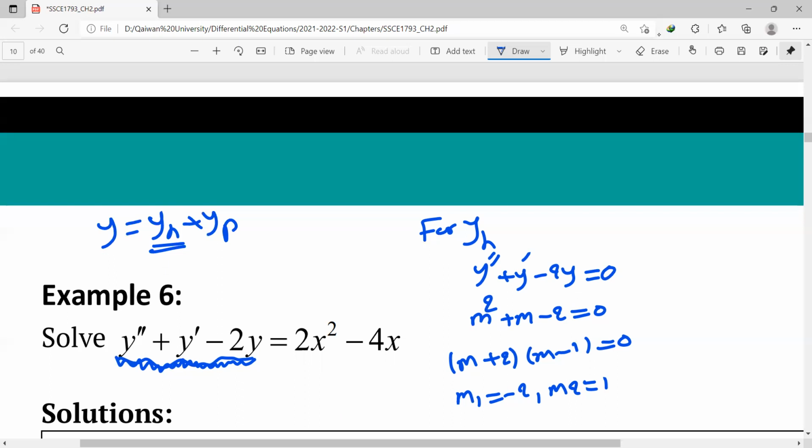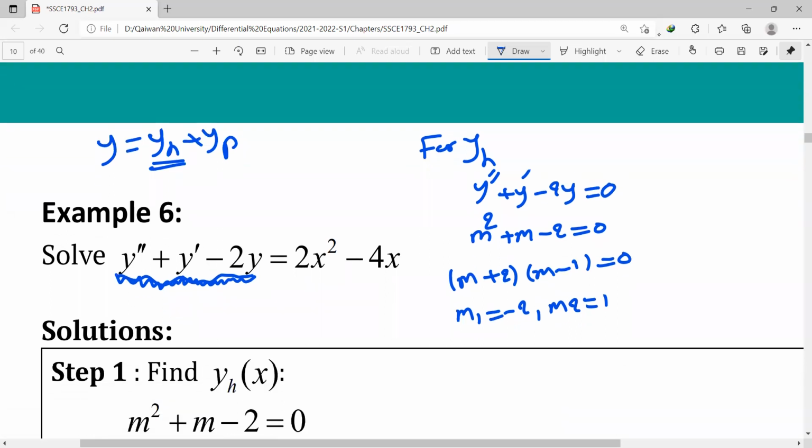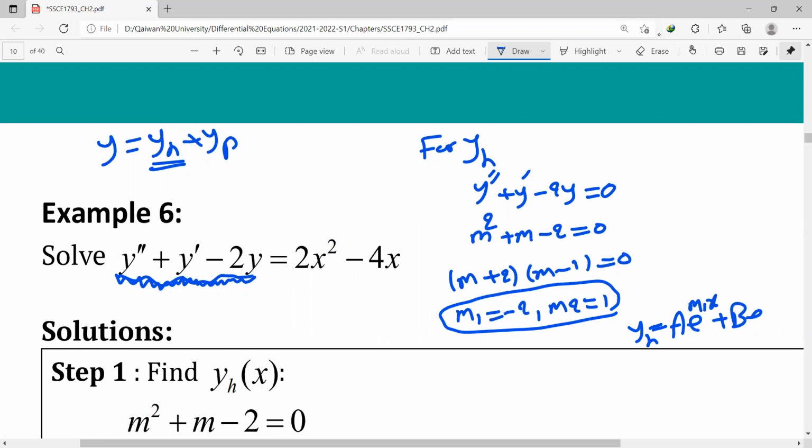We solve it the same as we solved the equations yesterday. Now we have two different values for the characteristic equation, which are -2 and 1. So the general form of the solution is y equals yh equals a e to the power m1x plus b e to the power m2x, because here we have two different values.